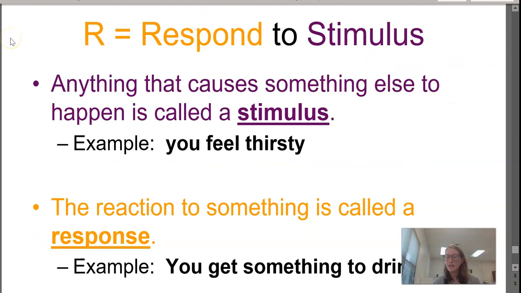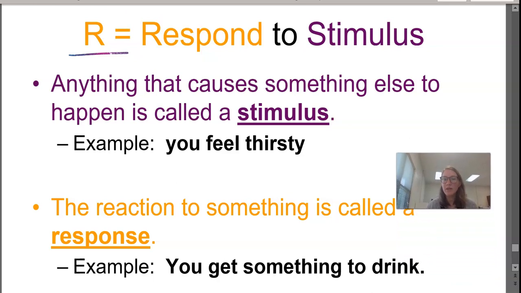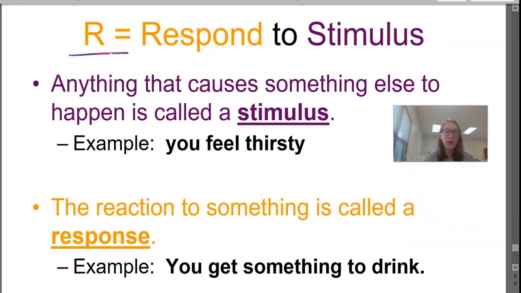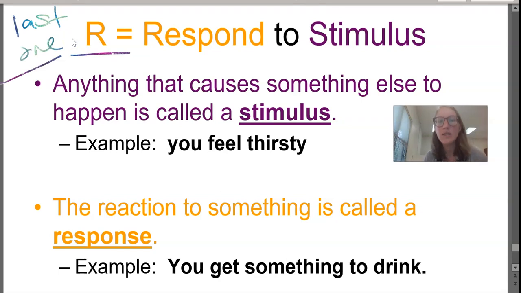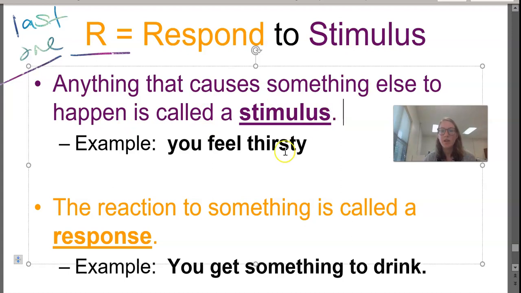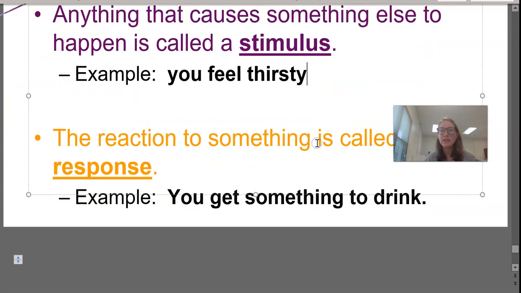All right, second to last one, our second R, is respond to stimulus. Anything that causes something else to happen is called a stimulus. Oh, I'm sorry, this is the last one. I said it was the second to last one. This is the last characteristic of life. So anything that causes something else to happen is called a stimulus. For example, you feel thirsty, that's a stimulus.